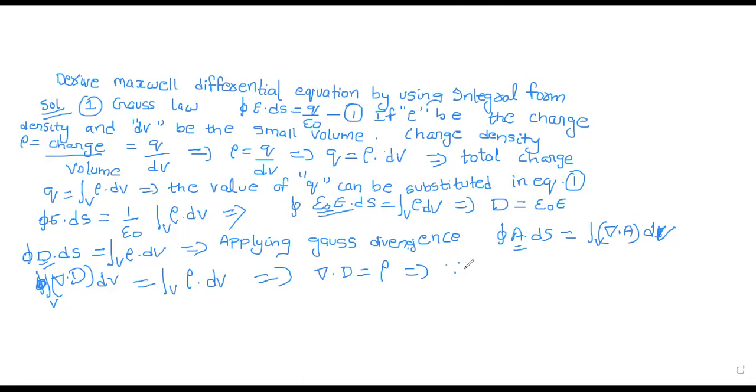Now del dot D, you already have the information, since D is nothing but epsilon naught E. You can see this is what we have done. So this can be rewritten as del dot E is equal to rho by epsilon naught.